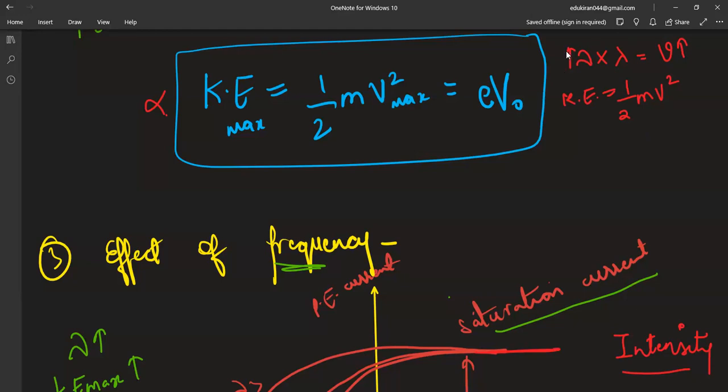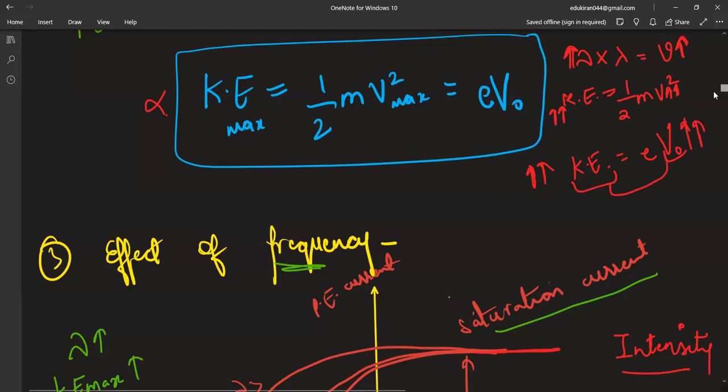So if frequency is increasing, velocity is increasing, and kinetic energy will increase more, right? The maximum kinetic energy will increase, and kinetic energy has a formula with stopping potential as eV naught. So if kinetic energy is increasing, stopping potential will also increase, because these two are directly proportional.